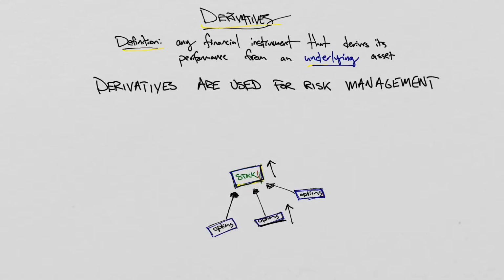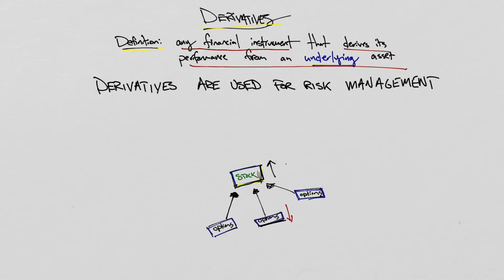Notice that the general definition for a derivative is any financial instrument that derives its performance from an underlying asset. That can go both ways. The definition means that whatever it is, the derivative is just mirroring whatever the underlying does. And there are options that mirror positively like this, but there are options that mirror negatively like this.